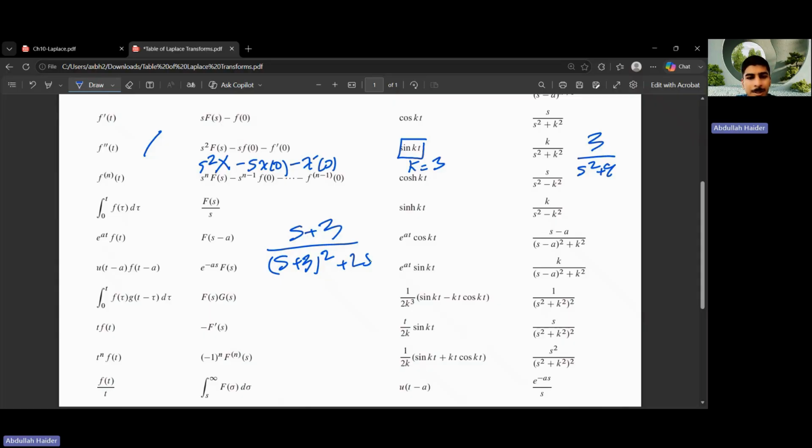And 25 can be written as 5 squared. So in this case, we can use e power at cosine kt, where a is -3 and k is 5. So e power minus 3t cosine 5t.